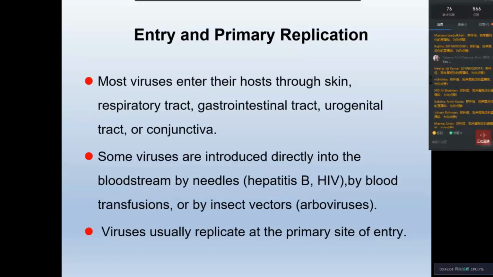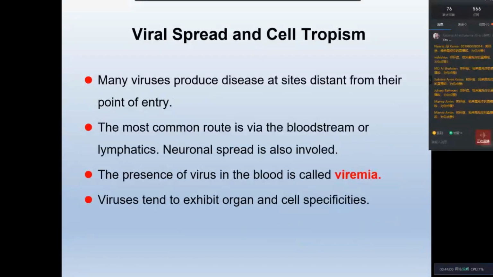And some viruses might be introduced directly into the bloodstream by needles, for example HBV, hepatitis B virus, or HIV, or by accidental blood transfusion, or by insect vectors such as mosquitoes. Many viruses can produce disease at sites distant from their point of entry. So that's the HBV example.